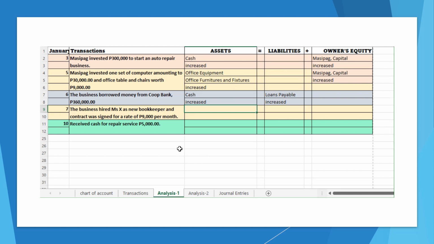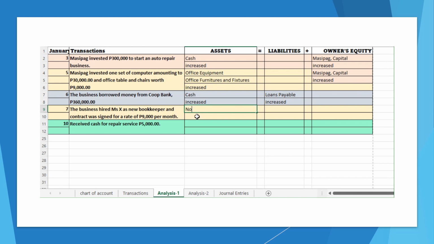Okay, how about on January 7, the business hired Miss X as new bookkeeper and contract was signed for the rate of 9,000 per month. Okay? Is this considered as business transactions? Okay.